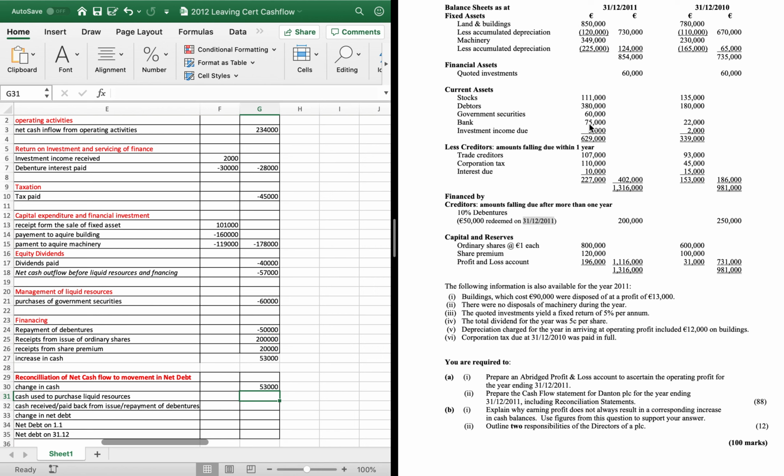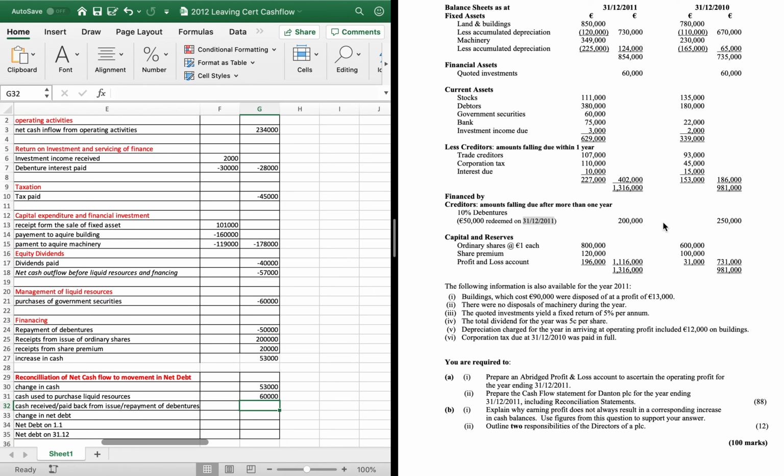Any debt that we've lent out is a plus, any debt that we've taken on is a minus. So the only debt that we can lend out that's a plus is government securities. So we've lent out 60,000 euros, so that's a plus 60,000 euros. We've also, let's look at our debentures.